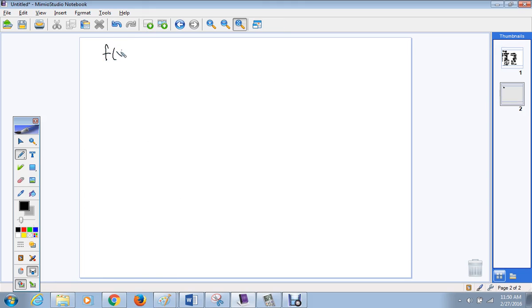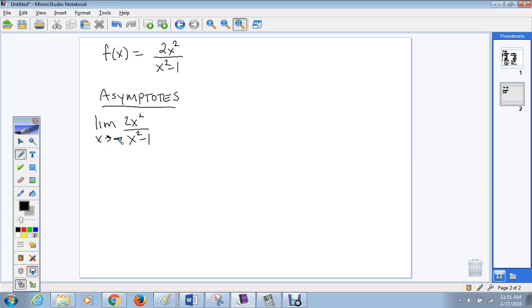So we have our function 2x squared all over x squared minus 1. And now we're going to be looking for asymptotes. So the way we determine if we have any asymptotes, we take the limit of our function as x goes to infinity, and we also have to check negative infinity.